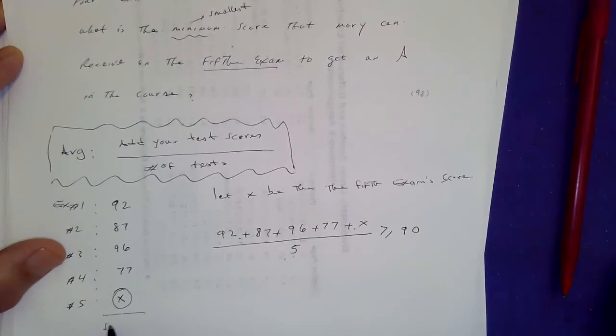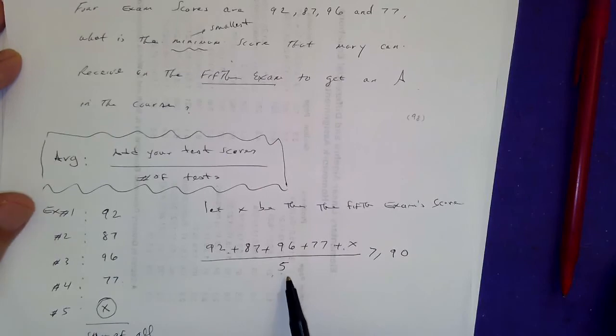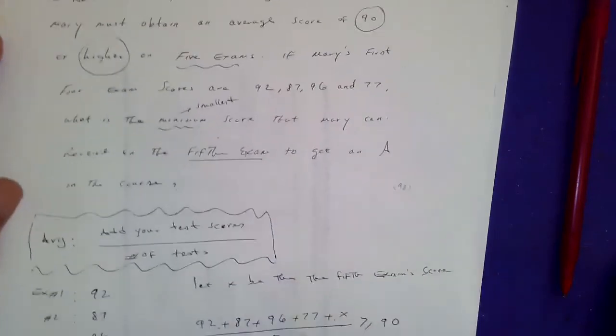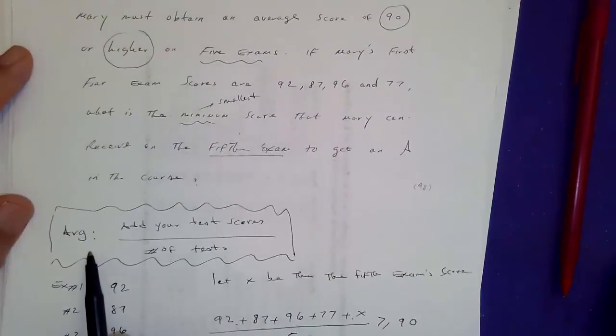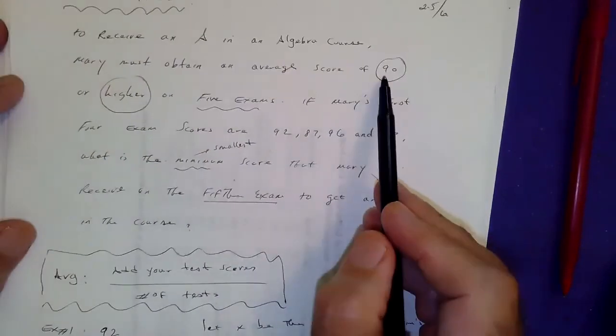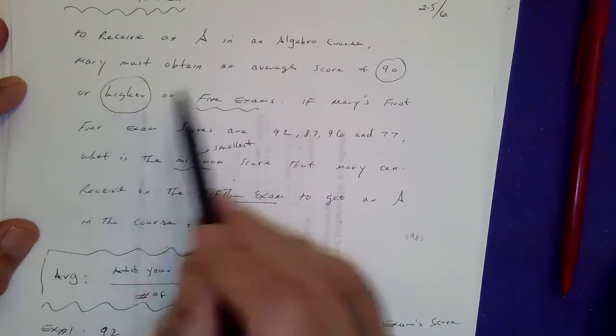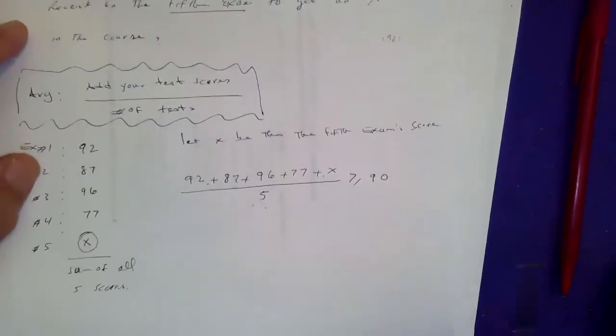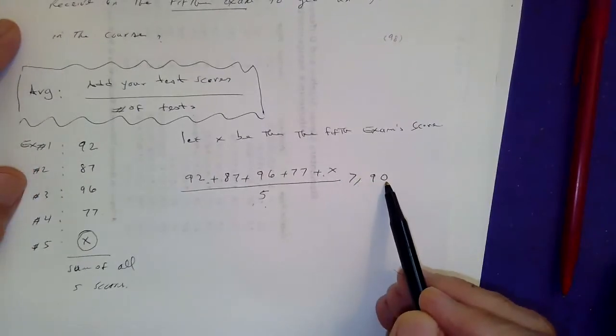This would be the sum of all 5 scores divided by the number of exams, which is 5. That's how you find the average. And this has to be greater than or equal to 90, because it says 90 or higher.